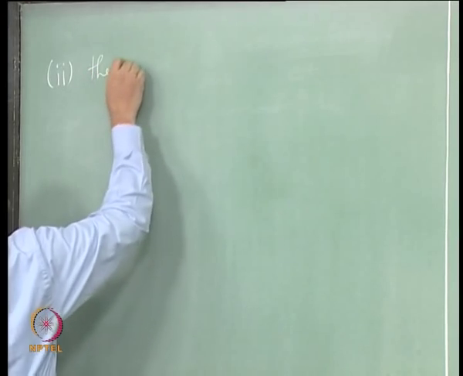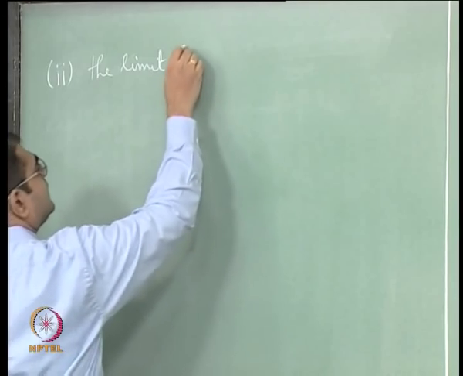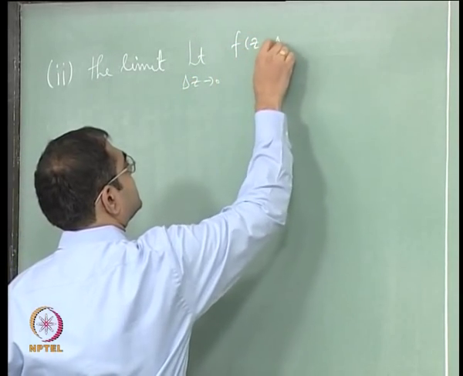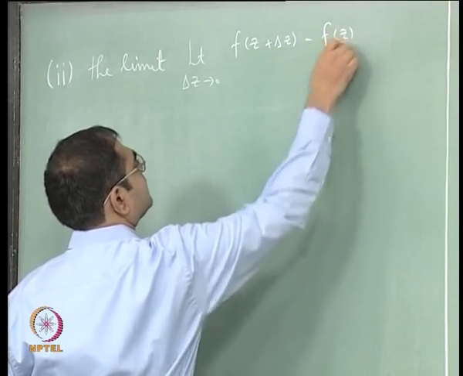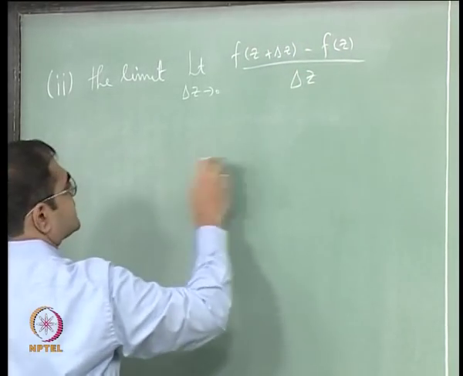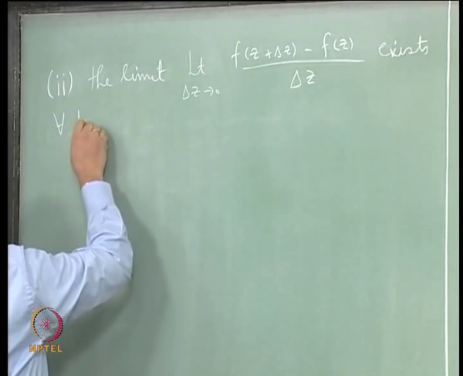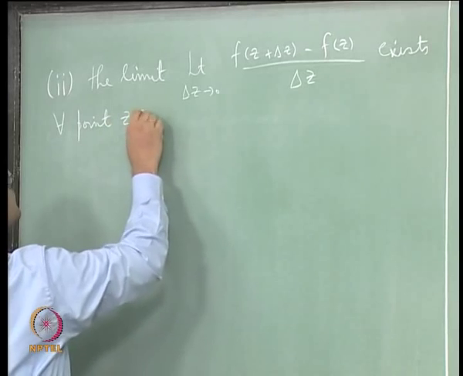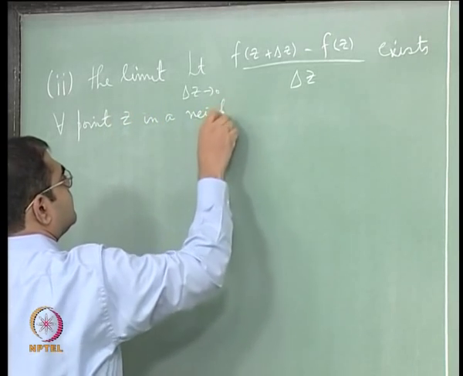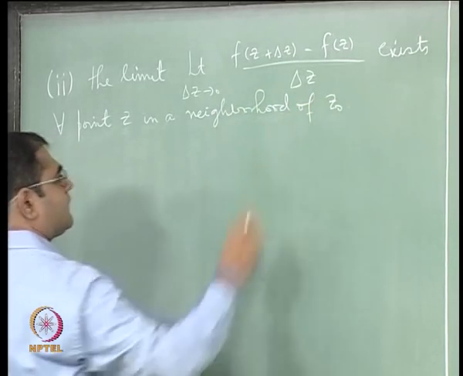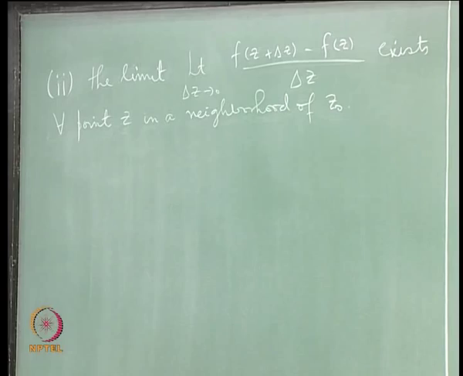The limit as delta z tends to 0 of f of z plus delta z minus f of z, divided by delta z, exists for every point z in a neighborhood of z0. So the function is not only differentiable at that point but also at every point in a neighborhood of that point.